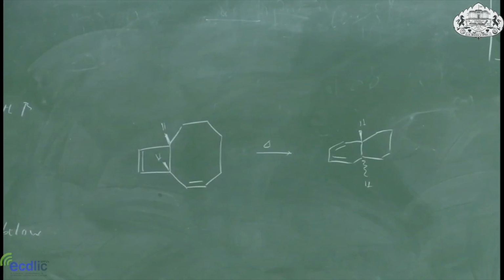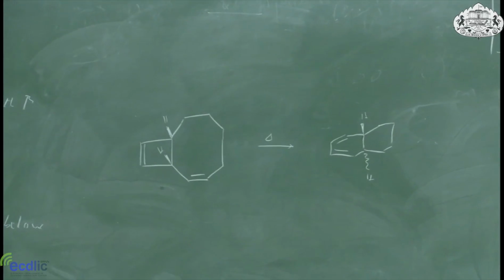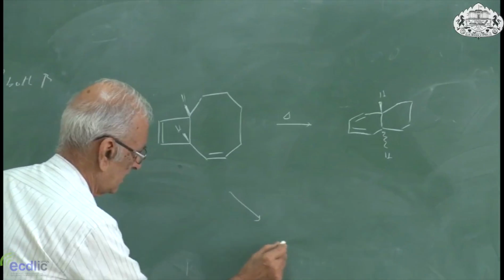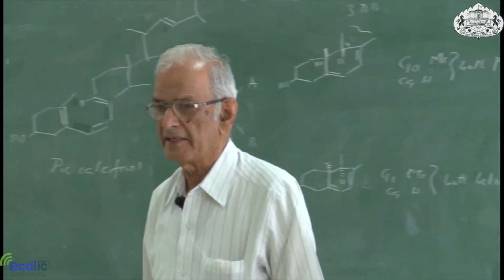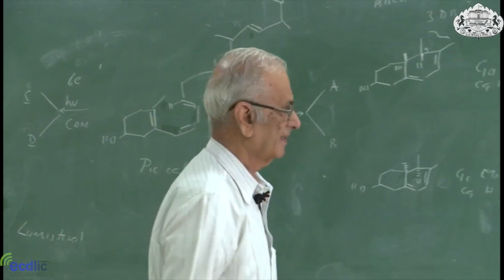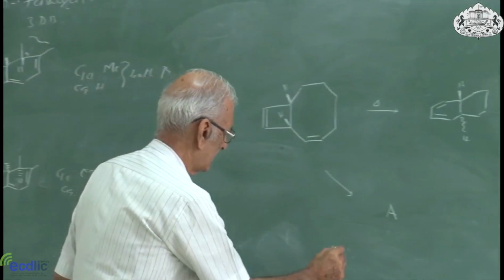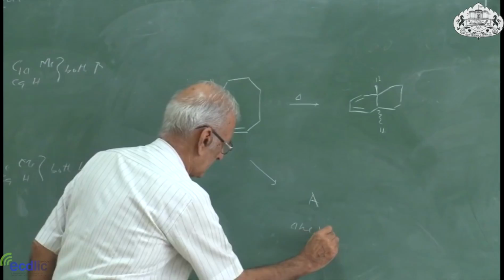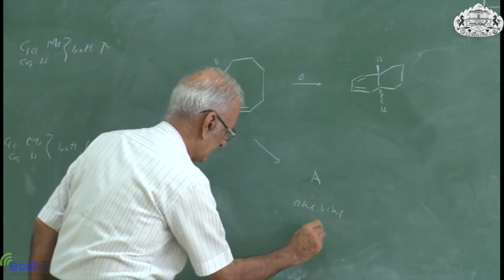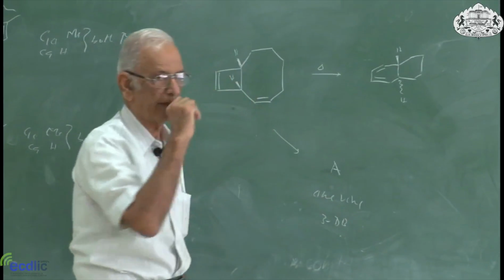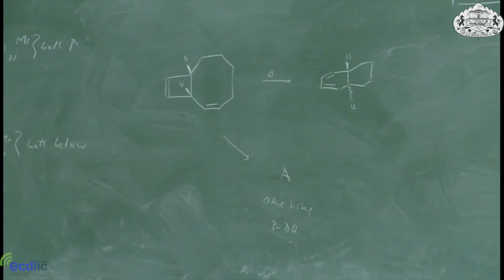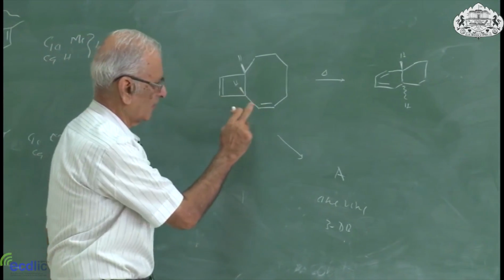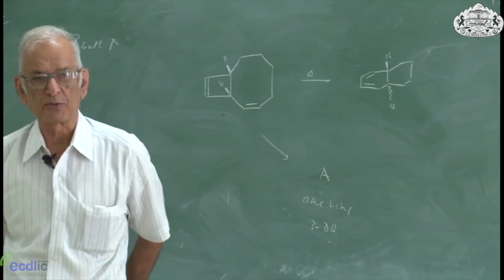But what do we find? A is an intermediate in this reaction, and A has 1 ring and 3 double bonds. So obviously, you are going from 2 double bonds to 3 double bonds.